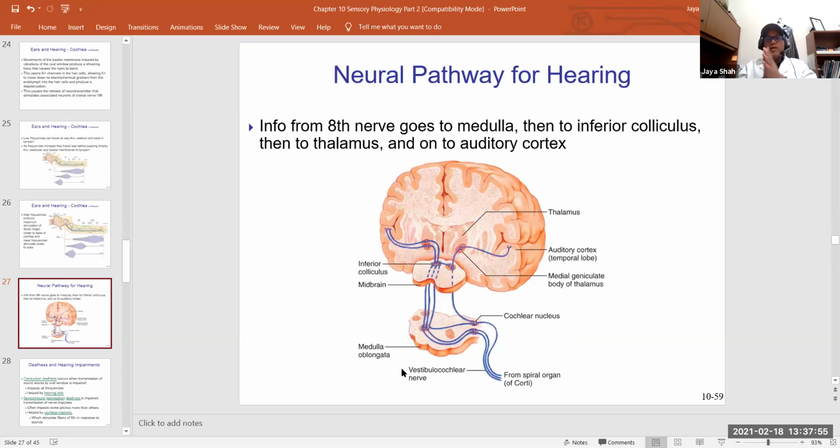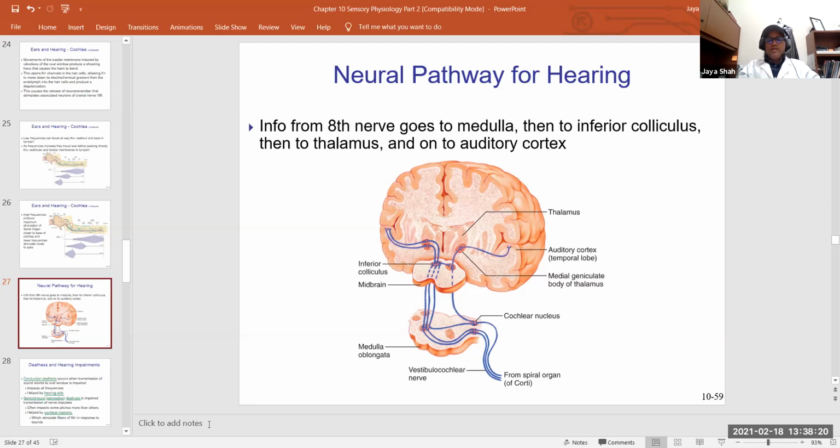Neural pathway for hearing. So how do we hear? Let's start from the sound waves. Sound waves create waves in the air, and then that air wave through your external ear is channelized to the external acoustic meatus and then to the tympanic membrane.